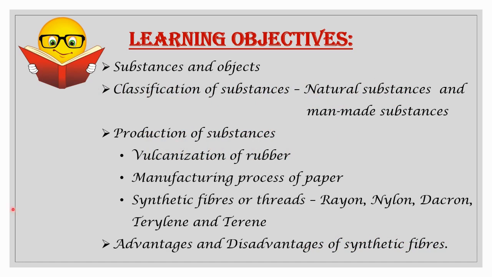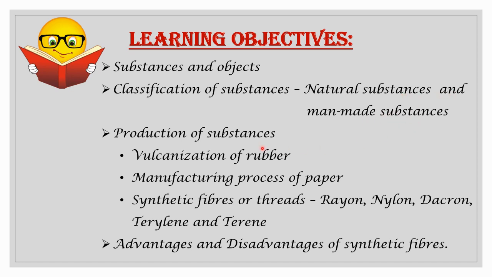Students, before beginning with the chapter, let's see what the learning objectives are. In this chapter, you will be learning about what substances and objects are. Then the classification of substances as natural substances and man-made substances.